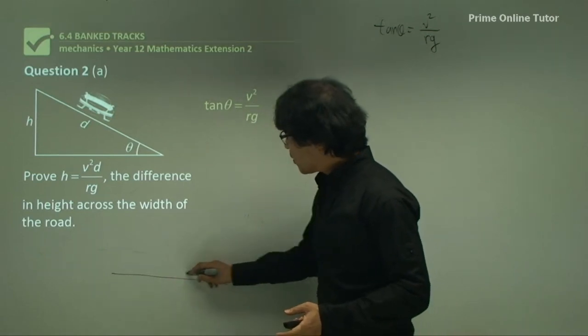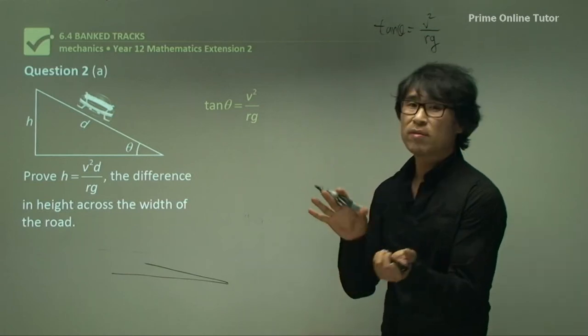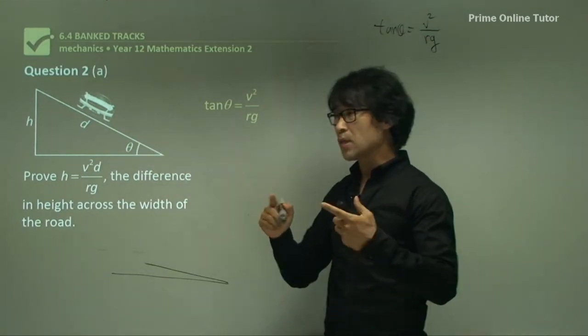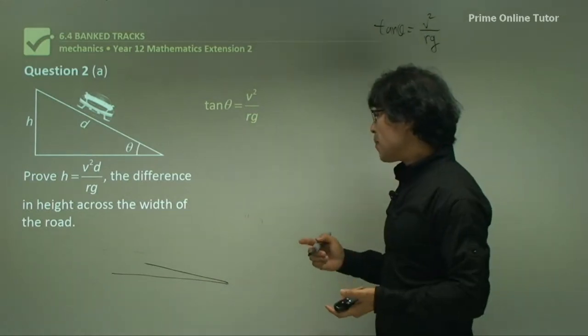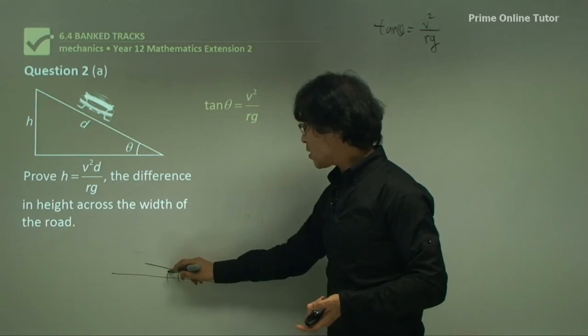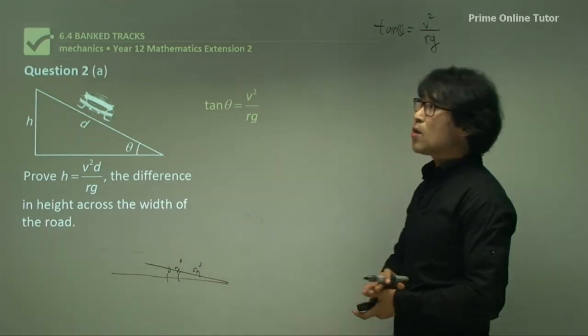The angle. Well, in this diagram, the angle is quite significantly big, say 30 or 20 degrees. But in reality, it's not this big. It's usually 1 degree, 2 degrees, or 3 degrees. It's a fairly small angle.